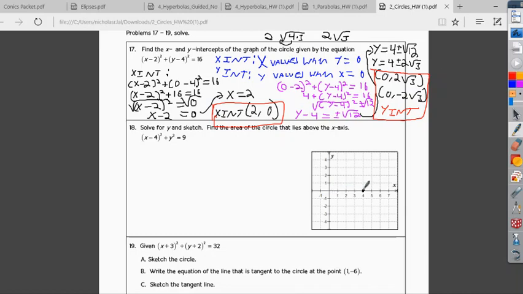Our radius is 3, so we have 1, 2, 3 in each direction. Notice our area above the x-axis is half the circle.